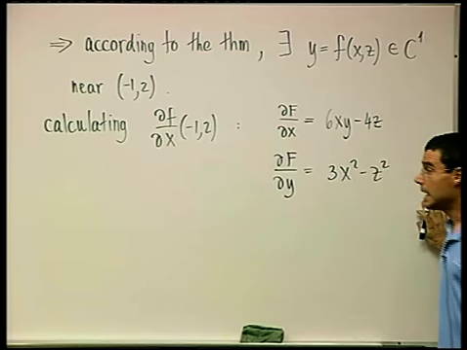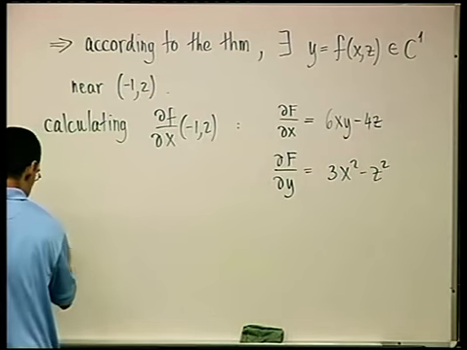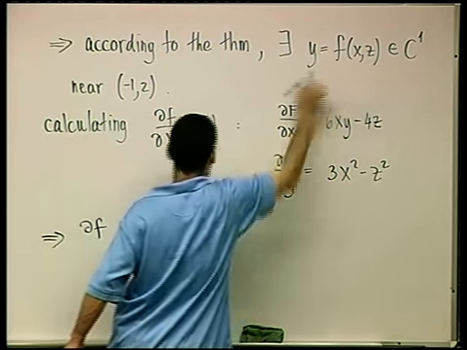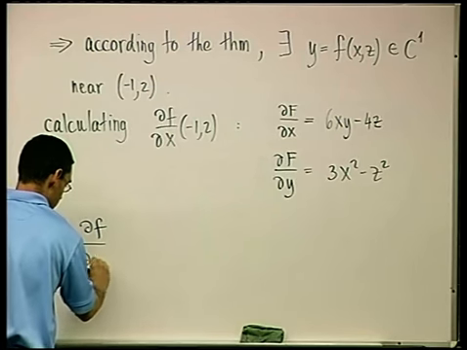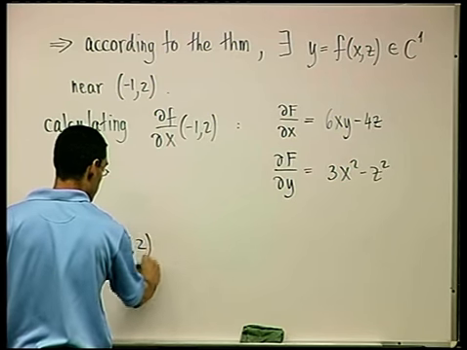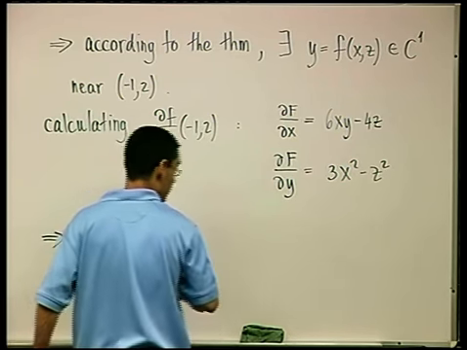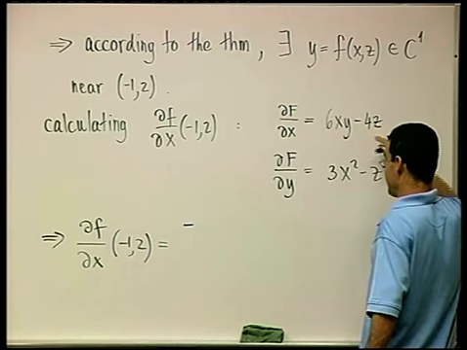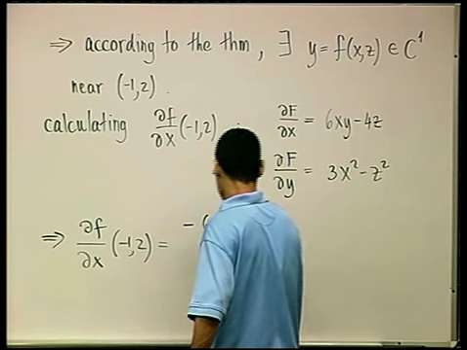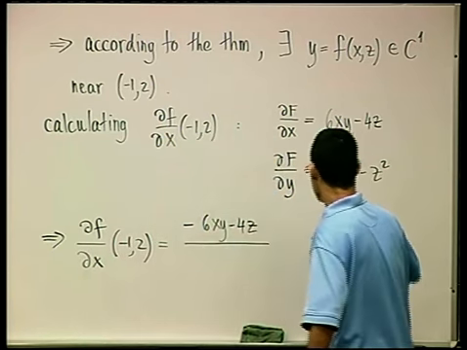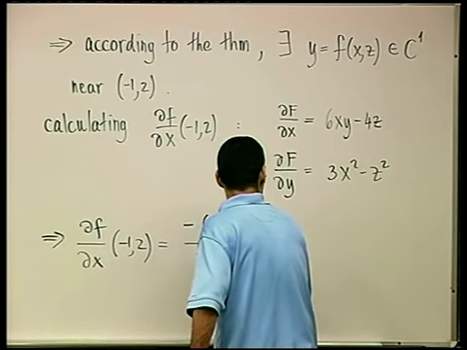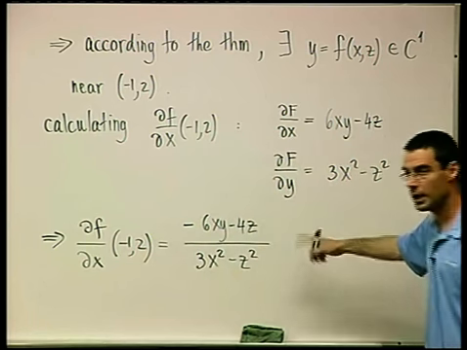Good? And therefore, the theorem tells us that the derivative of the implicit function f with respect to x at the point -1, 2, equals minus the derivative with respect to x, 6xy minus 4z, divided by the derivative with respect to y, 3x squared minus z squared, right?